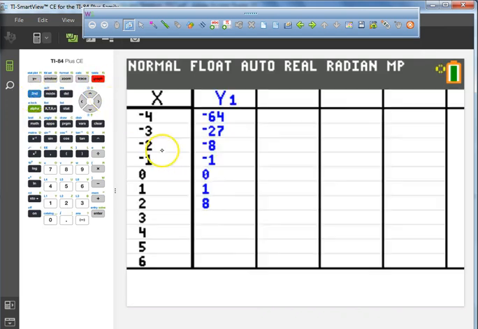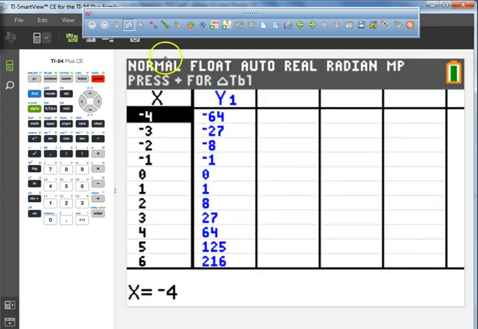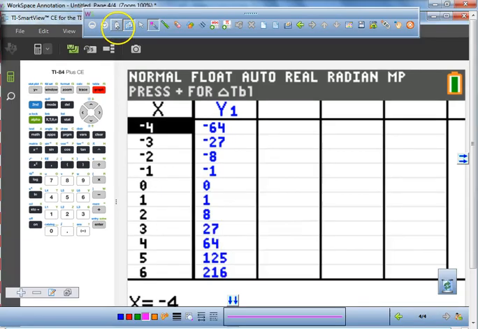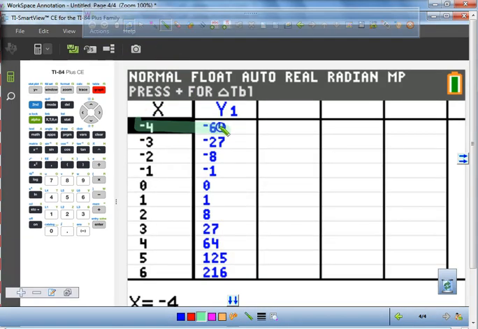So check out your table here. It's the second graph. Let's look at your table. You have (negative 4, negative 64), and you have what? (4, 64). (Negative 3, negative 27), (3, 27). All the way up. Every single point that has an (x, y) coordinate has also what?